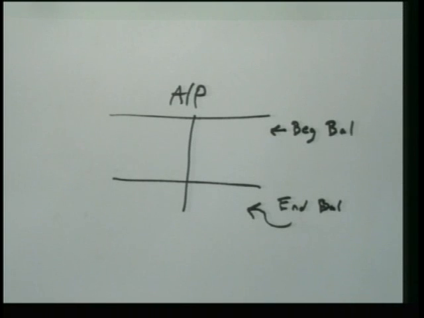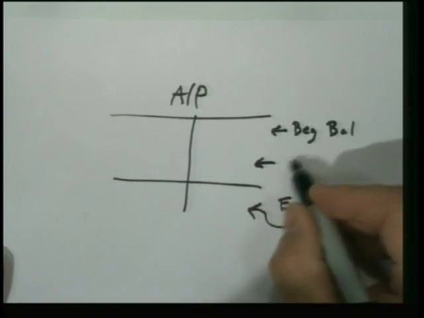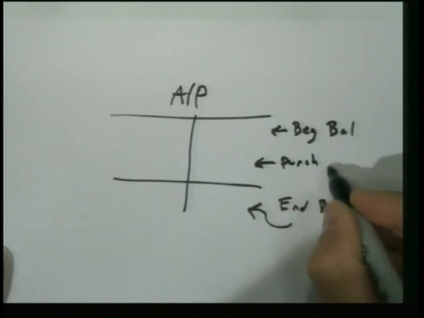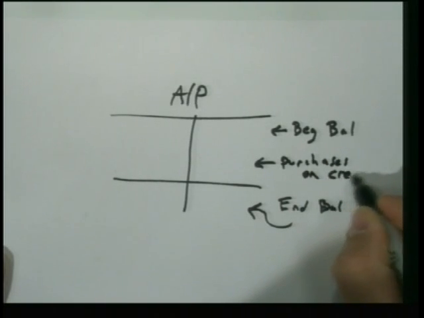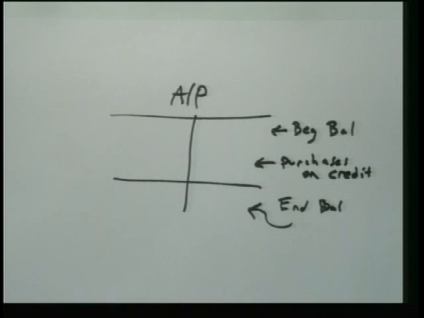Think to your journal entries. When do you credit accounts payable? When you buy something on credit. Purchases on credit, correct? That's when you cause it to be credited, when there are purchases on credit, or we could say on account.